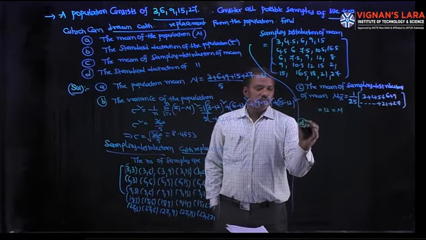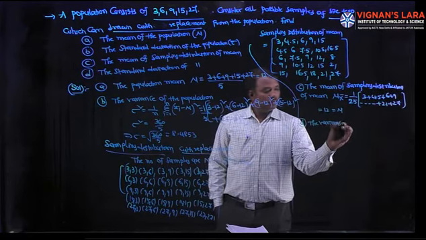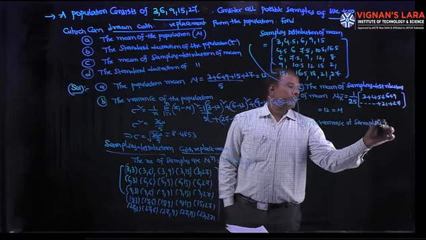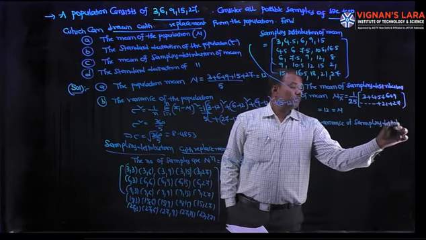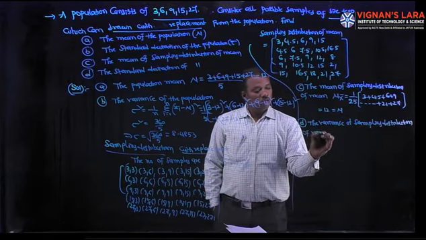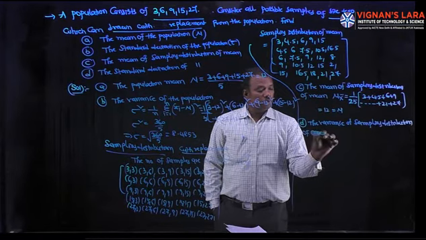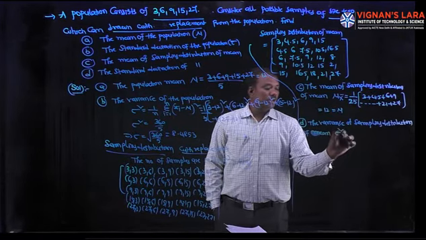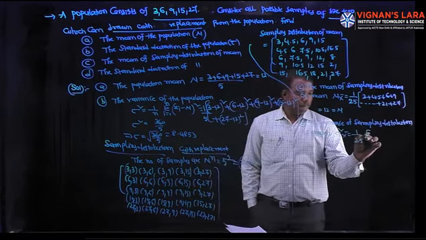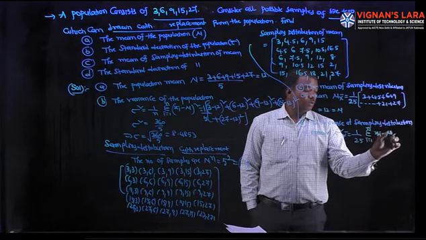Then the variance of the sampling distribution of mean is sigma square x bar, equal to 1 by 25 into sigma i equal to 1 to n, xi minus its mean mu x bar whole square.